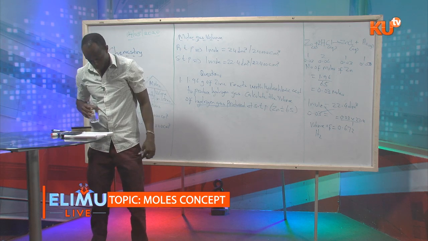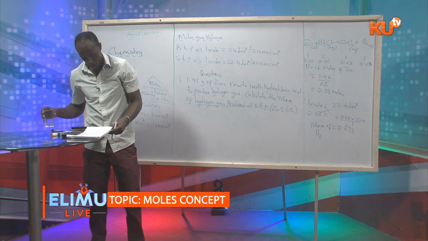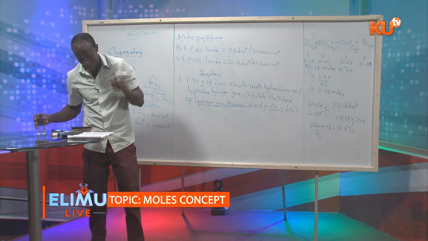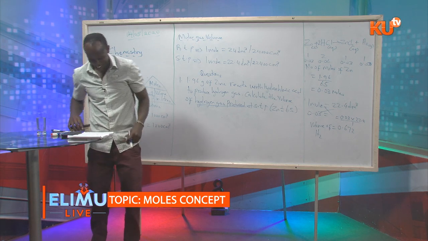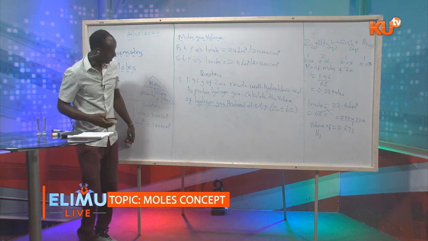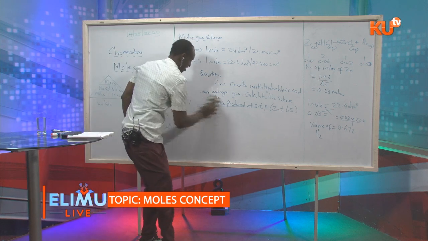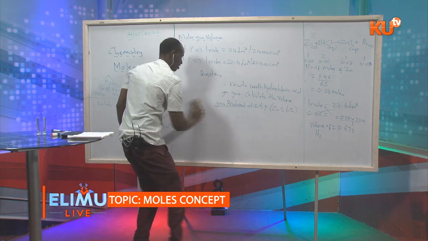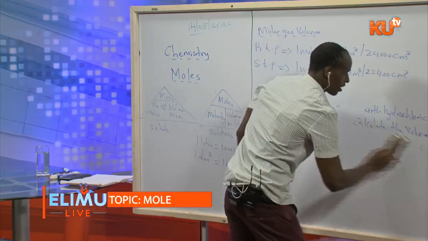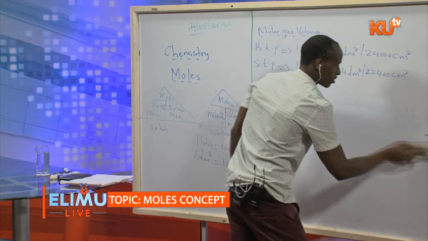Another question, which was also tested in paper 1, carrying 3 marks, still on moles. The question is, let me write it here so that it will be easier to explain, and we can get the values easier.